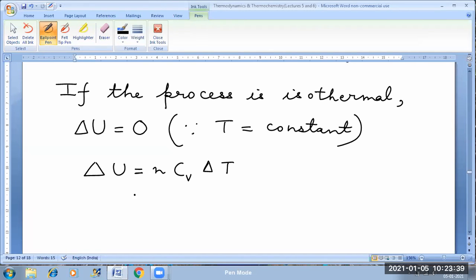Since there is no change in temperature, I can say safely that delta U is 0 because delta T is 0.